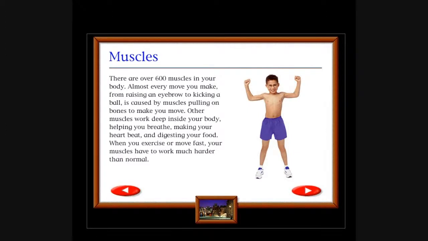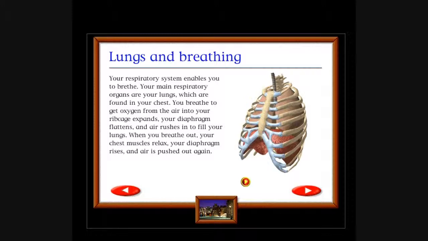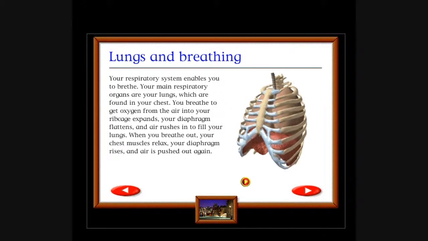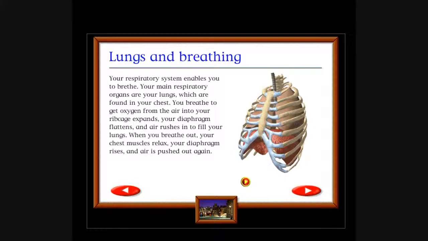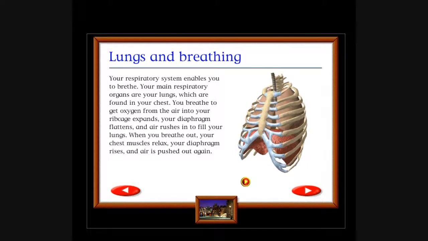Ugh, muscles. Breathe. Breathe again, Con. Breathe. Breathe. What breathing I've got? I can't breathe. I've got a stuffed up nose. So what happens then?